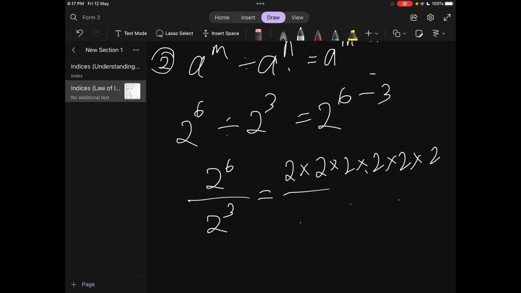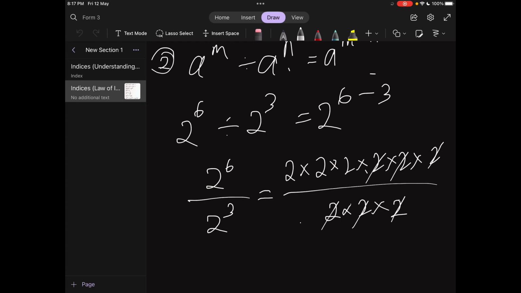We have 6 on top, then 3 at the bottom. So as you can see, we have 6 2's at the top and then 3 2's at the bottom. In any fraction, we can simplify the numbers if they are the same, or if they belong to the same multiplication table. We can just cut them. So 2 gone, and then 2 gone. And here, what we have left at the bottom is nothing, which is 1.